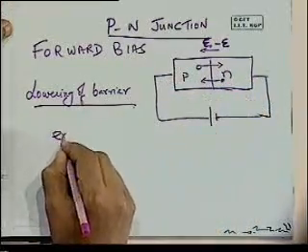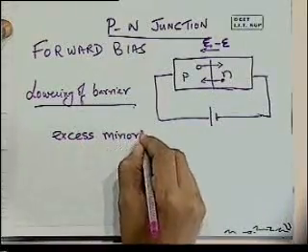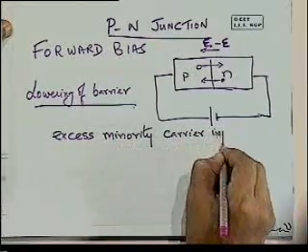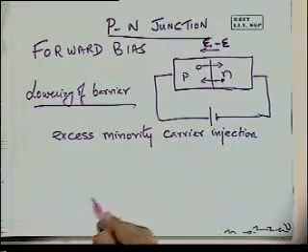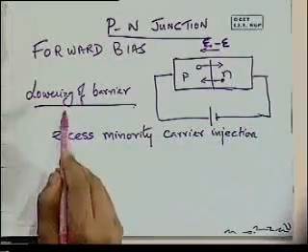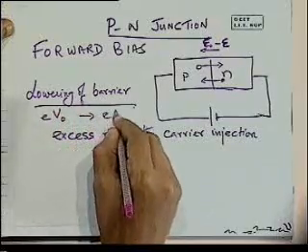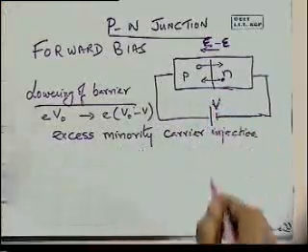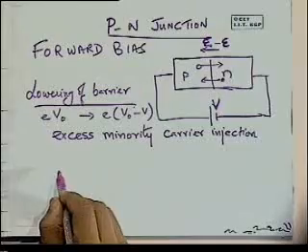This is called excess minority carrier injection. As a result, there's a sudden change in current. The barrier has changed from eV0 to eV0 minus V, where V is the applied bias, as a result of which we get an increase in current.